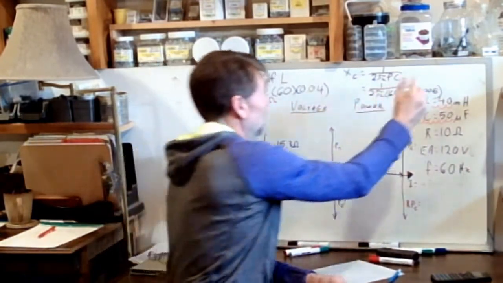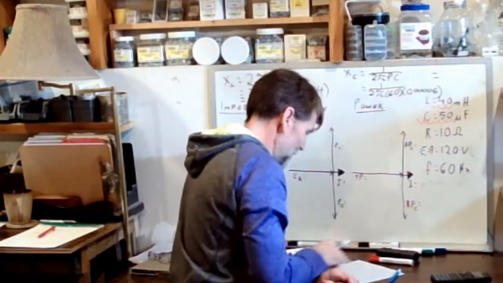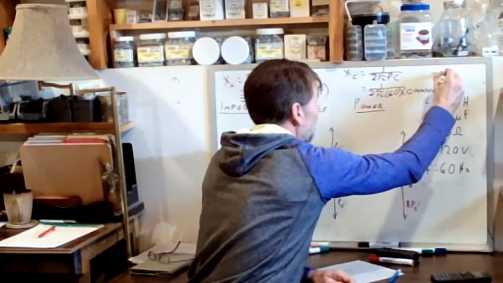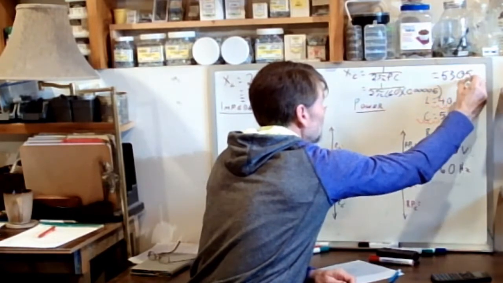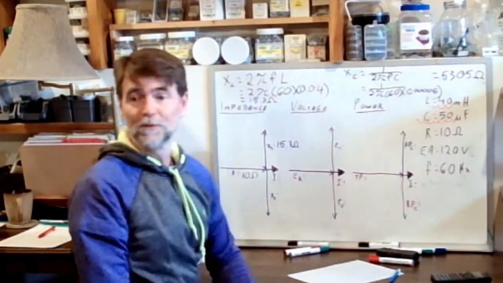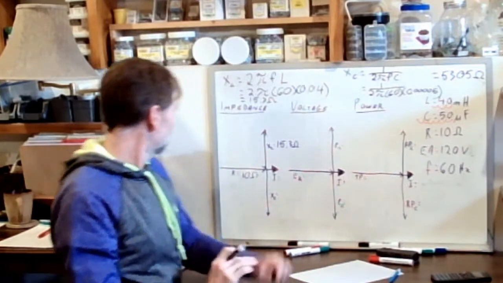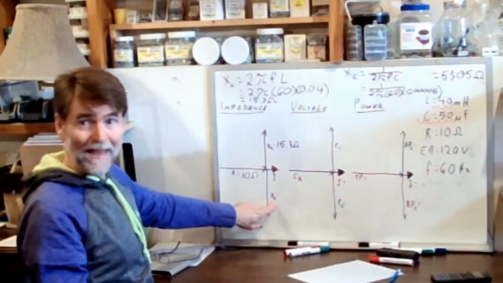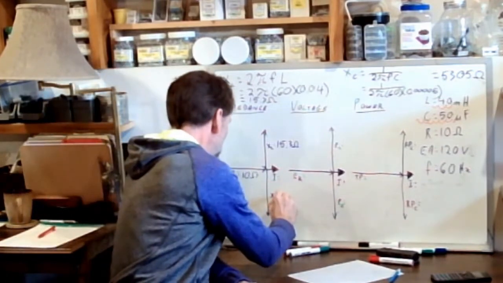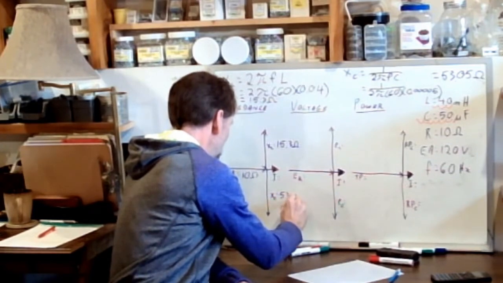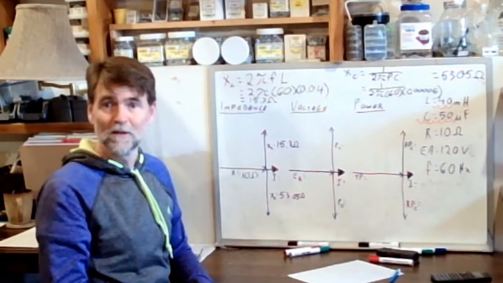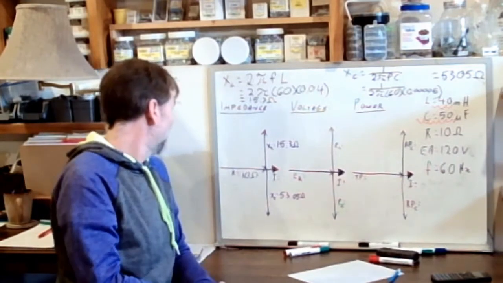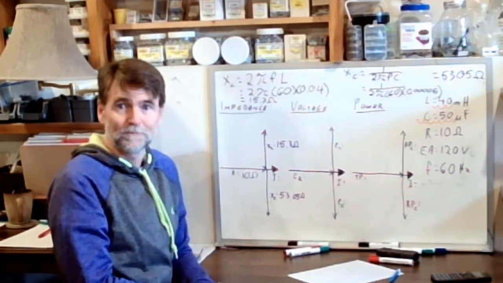And again, I've done the work ahead of time, calculated this out, and the answer is 53.05 ohms. So that goes down here in XC. 53.05 ohms. So now, tell me what our triangles are going to look like.